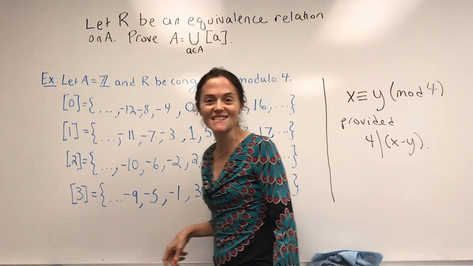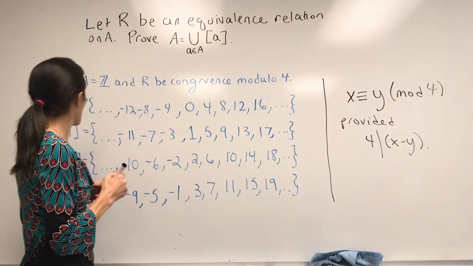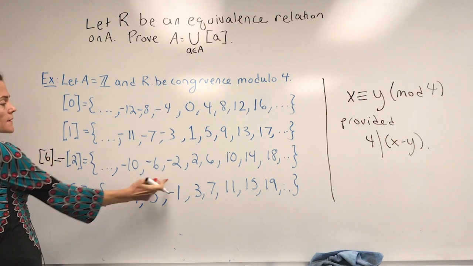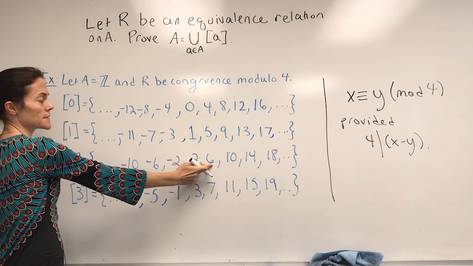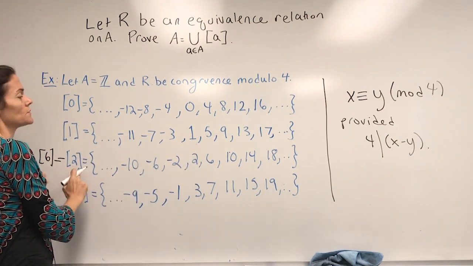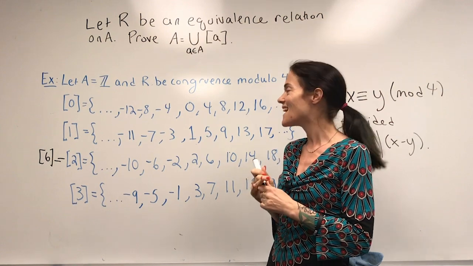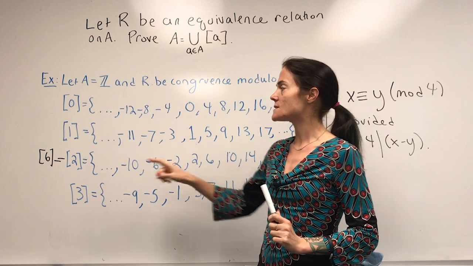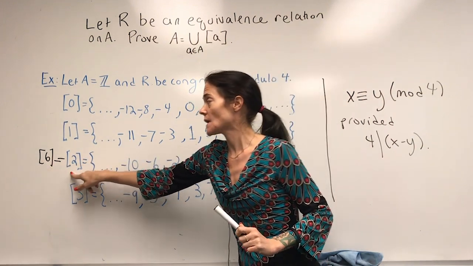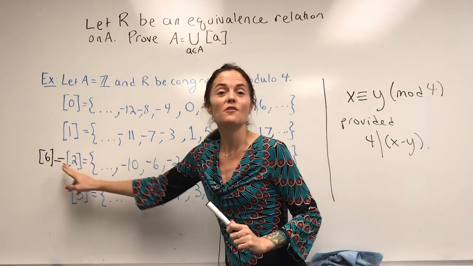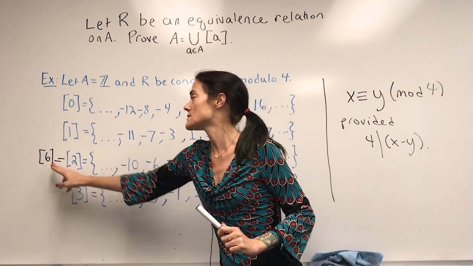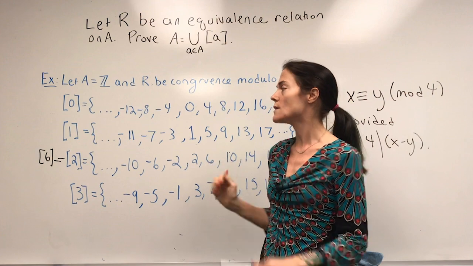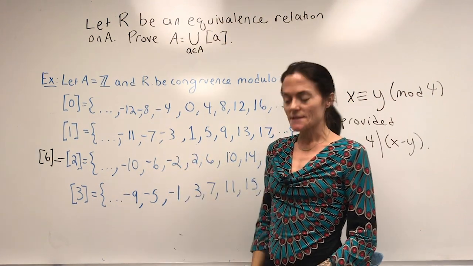We also discussed, for example, this is equal to the class of 6. Okay, you see 6 here. 6 is certainly related to 2, but also we proved in class that for any equivalence relation, the classes are either identical, and that's when 2 representatives are related, so 6 and 2 are related under congruence modulo 4, or equivalence classes are disjoint.